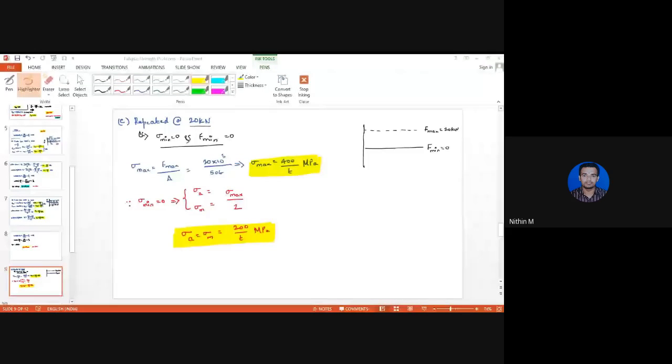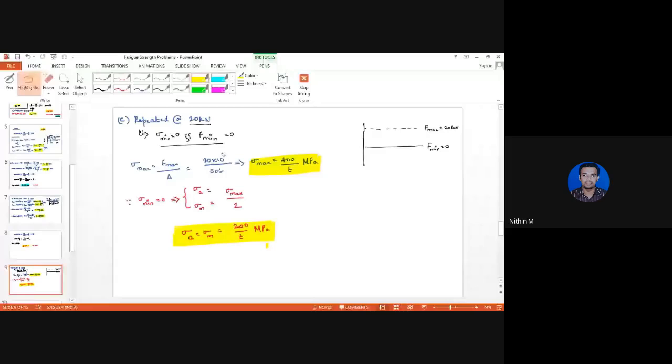Okay. Fine. So now again you consider equation star. You substitute the values of sigma A and sigma M in this equation, that is 0.01062 into 200 by t plus 200 by 290t is equal to 1 by 2. So upon solving, what will you get? What will be the value of t?